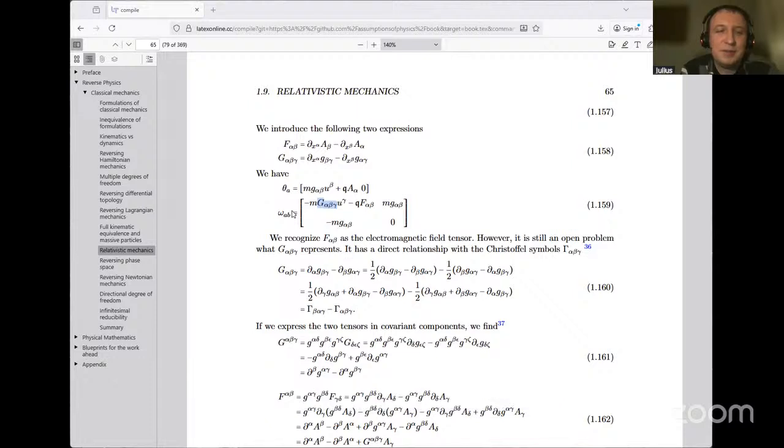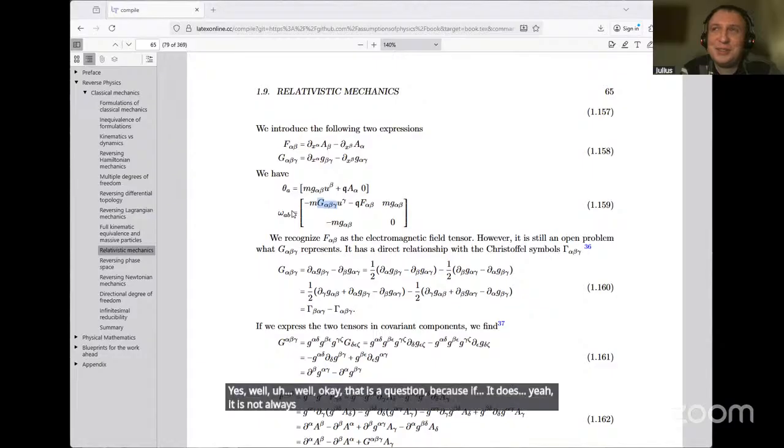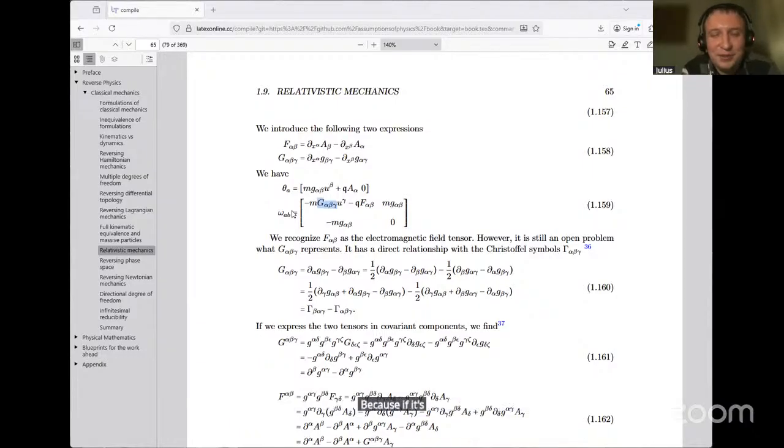Well, okay, that is a question, because it is not always clear whether the differential is point-sized or actually extended. If it only describes a single body, then we should not see a Riemann curvature tensor.